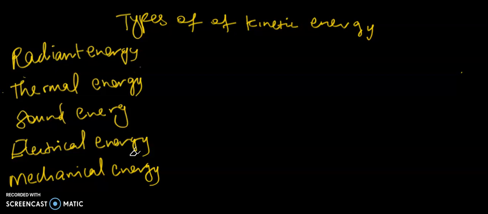What is radiant energy? Radiant energy is a type of kinetic energy as it is always in motion. So when an object is always in motion, we can refer to radiant energy.